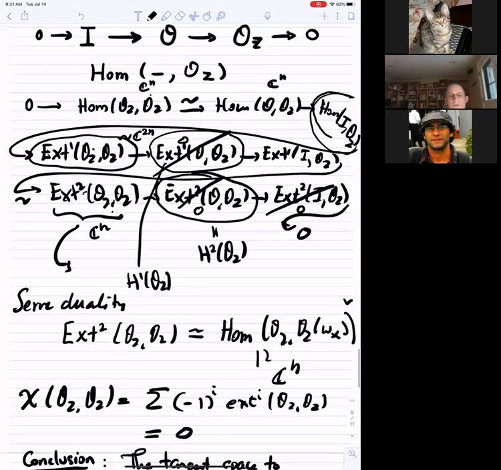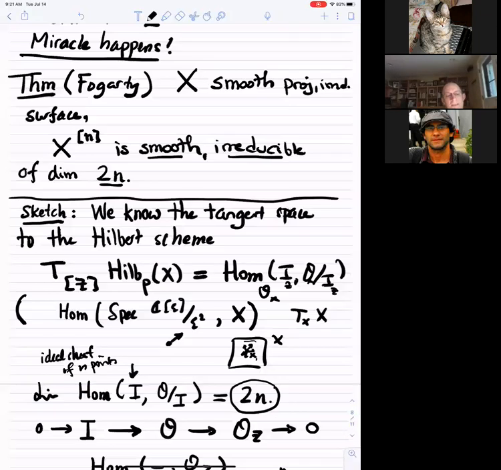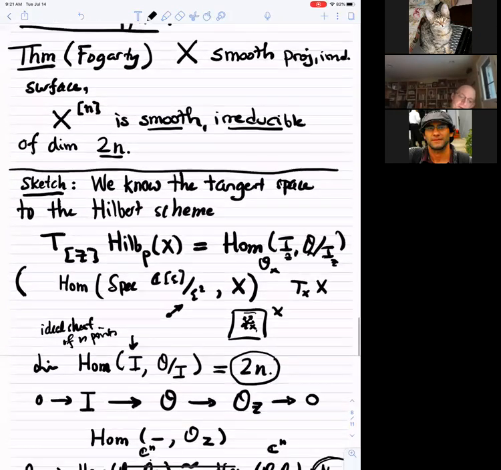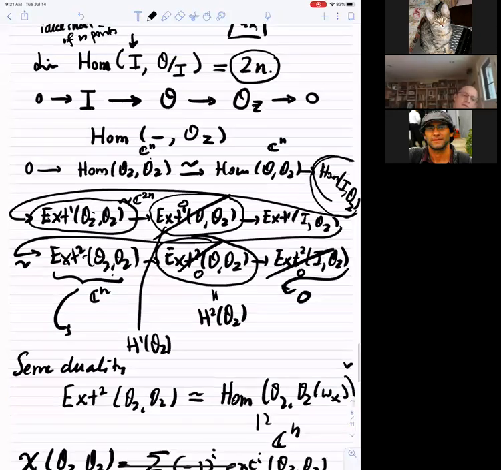If X was a smooth projective irreducible surface, then what we conclude is that the Hilbert scheme of n points itself is smooth irreducible of dimension 2n. In other words, it's a beautiful compactification of the configuration space. Okay?